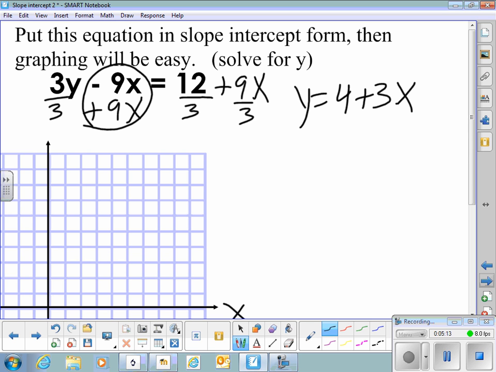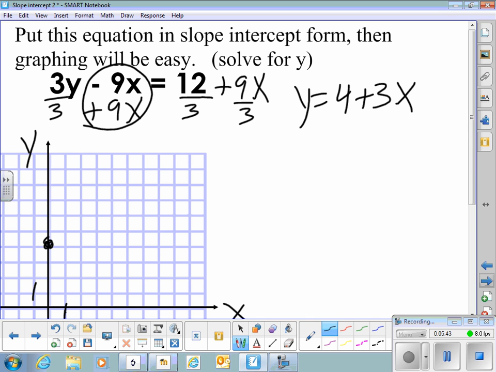So here's our x-axis, here's our y-axis. Each square will be 1. So once I have the unit set up, then I know I have to go up 4 of those. 1, 2, 3, 4 for the y on the y-axis. Because when x is 0, right on the y-axis, y is 4.